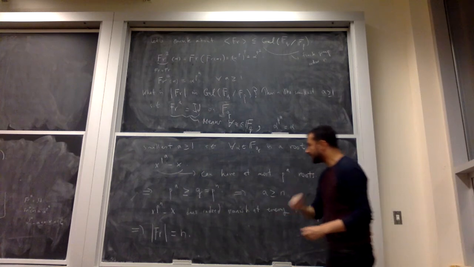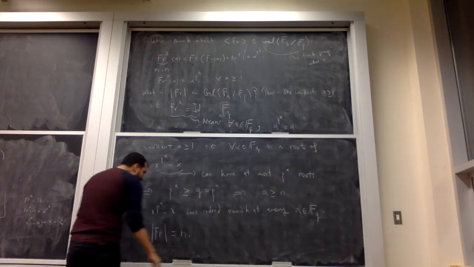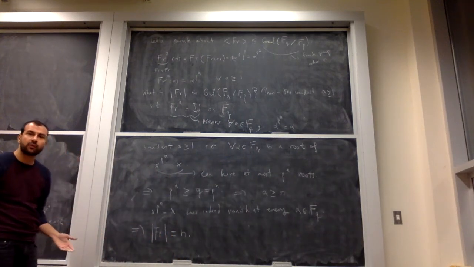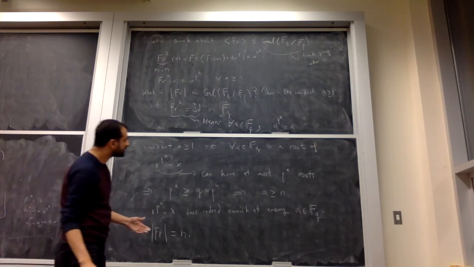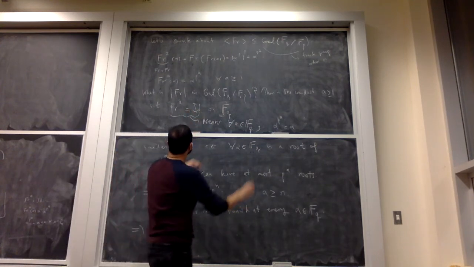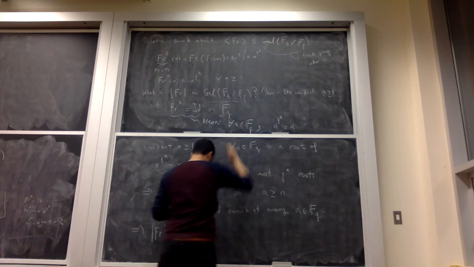Okay? So now the order of Frobenius is equal to n, and now, what do we get? We've got this group, the Galois group. This group is a group of order n.